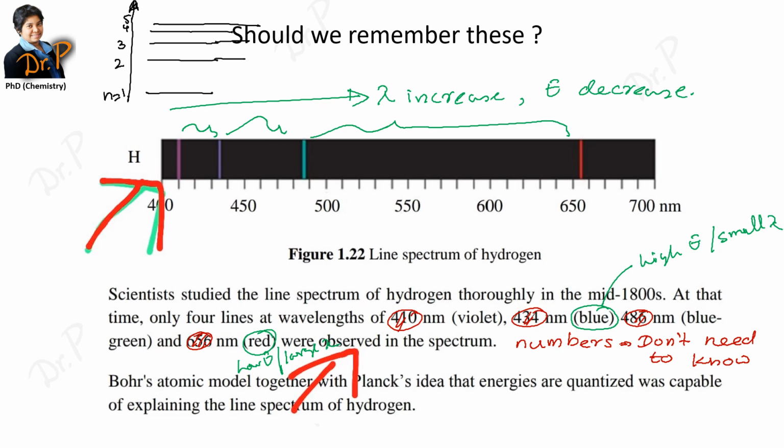So these transitions are going to be from an upper level to level 2. And then you should be able to relate these transitions to the lines.